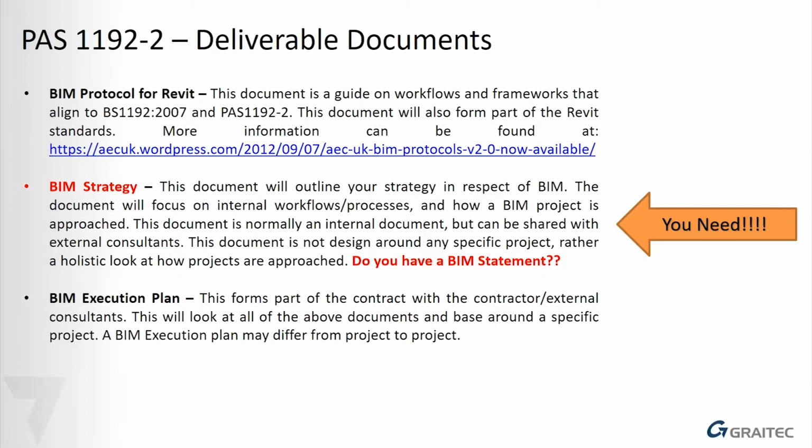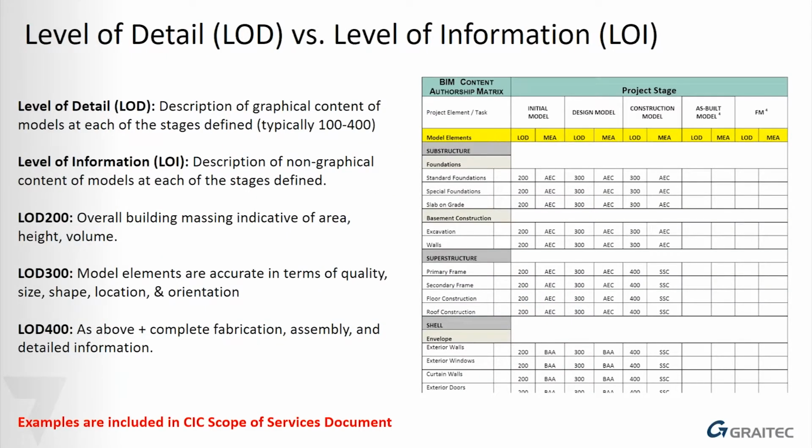Also within there, we mentioned having a BIM strategy. Moving forward, the concept of having a BIM strategy means that you are setting yourself up as a company with a BIM statement that basically says this is what we aim to achieve by utilizing BIM.